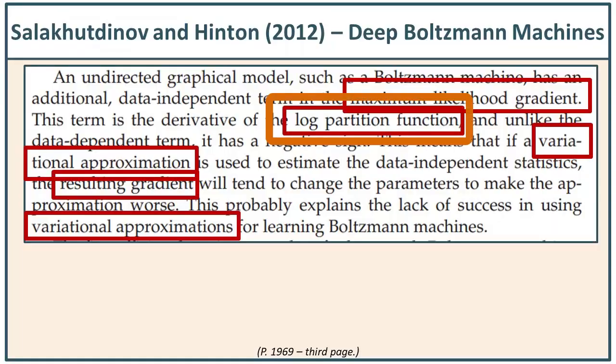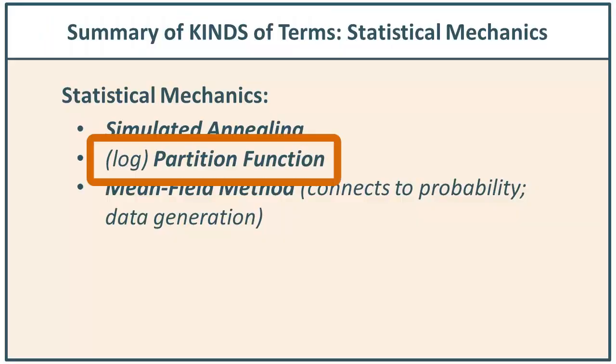And somewhere in here it is, an additional data-independent term in the maximal likelihood gradient, and this term is the derivative of the log partition function. Log partition function. The partition function is pure hardcore statistical mechanics, so we are traversing so many different disciplines. That's why it's typically difficult for most people to come in here and just read the papers.